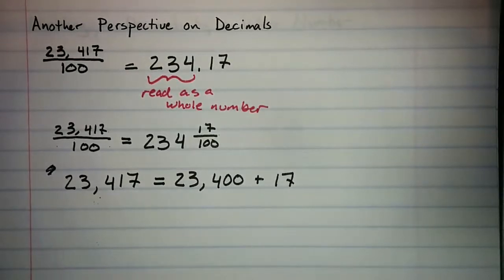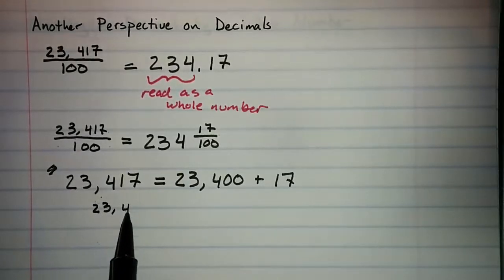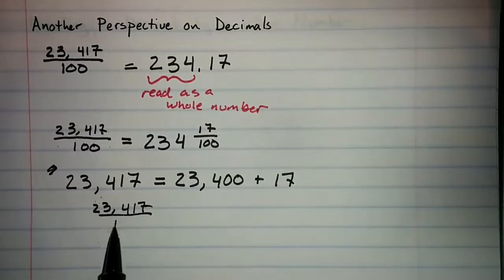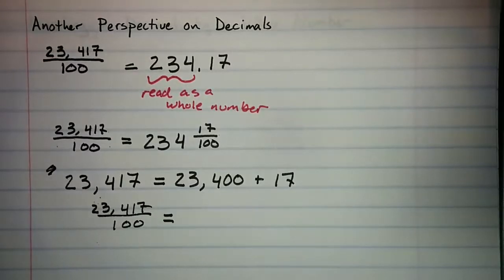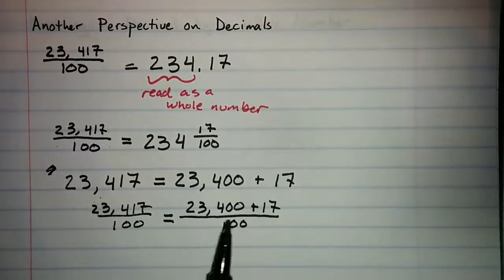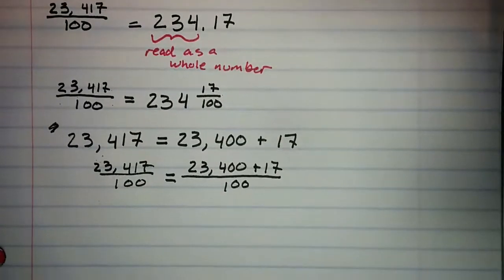This sum is easy to see. And so if we have 23,417 1/100ths, well, we have 23,400 plus 17 1/100ths. But remember, when we add fractions, we just add together the numerators.